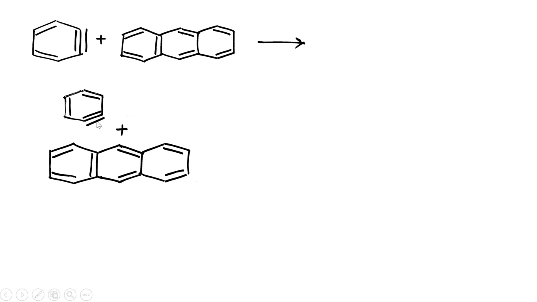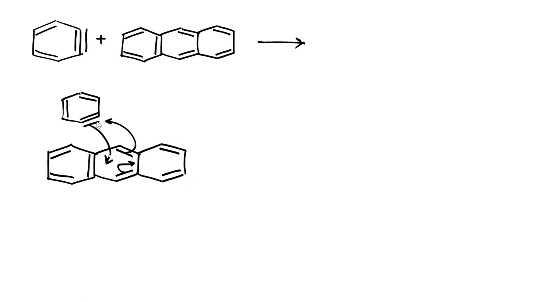So in the Diels-Alder reaction, electrons shift as per this. The electrons from this anthracene will shift here, and a new bond will form between this carbon and this carbon. The electrons from this triple bond will shift here, meaning a new bond will form between this carbon, and these electrons will shift here, and here is a new pi bond formation.